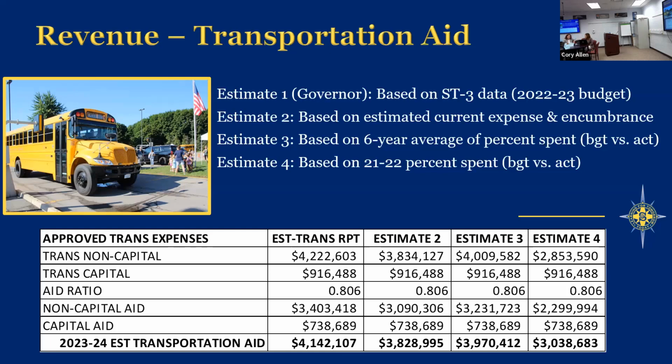Four columns. In the governor's budget is one thing to do.